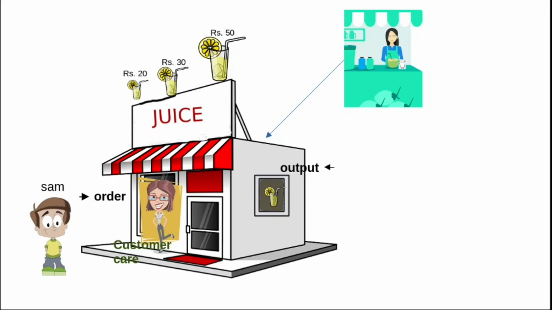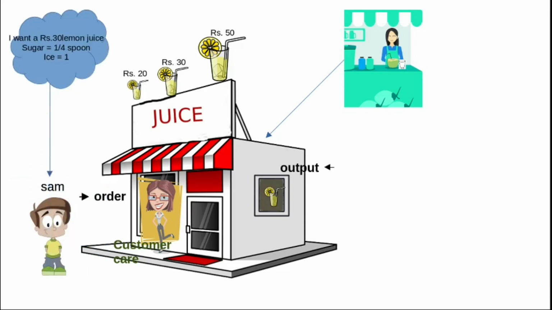Likewise Sam ordered the juice. He said, I want a 30 rupees juice, with sugar 1/4 of a spoon and ice 1. Customer care takes the order and sends it to the juice maker.